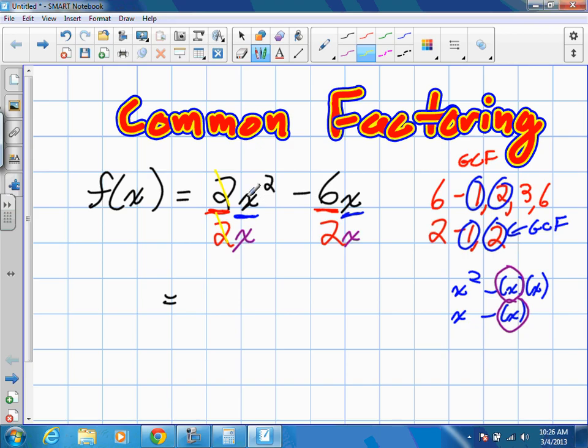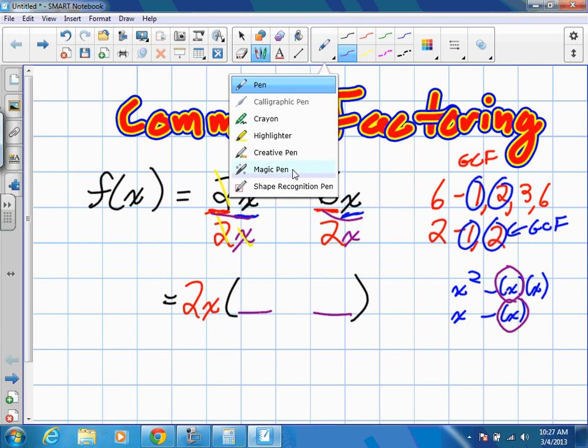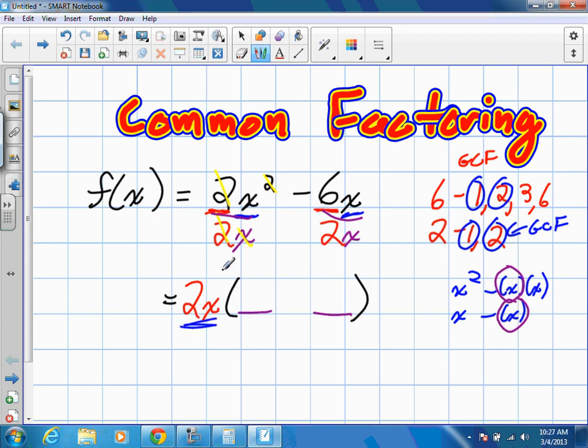And x squared divided by x just leaves us with a value of x on top. So the value that we took out, which is our 2x, comes outside of the brackets. And we'll still have 2 terms in the brackets because we started with 2 terms. Okay? And what those 2 terms will be are the values after we've divided them by 2x. So like we said, 2x squared divided by 2x just leaves us a value of x.